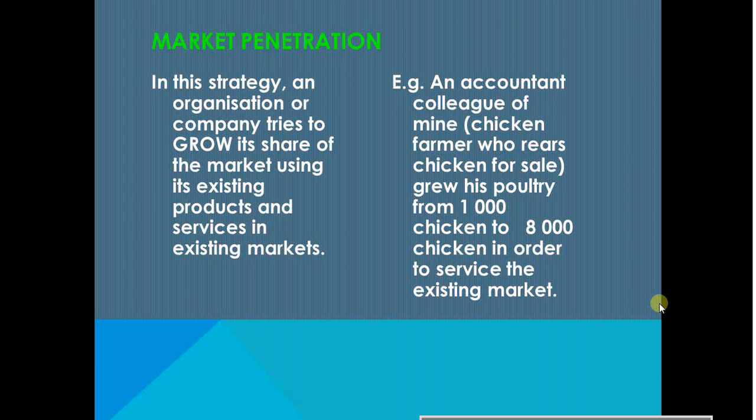He started with 1,000 chickens a cycle, and a cycle is a period of 6 weeks when the chickens grow from little chicks to full-grown chickens. He was able to grow his share of the market to now 8,000 chickens in order to service his existing market.